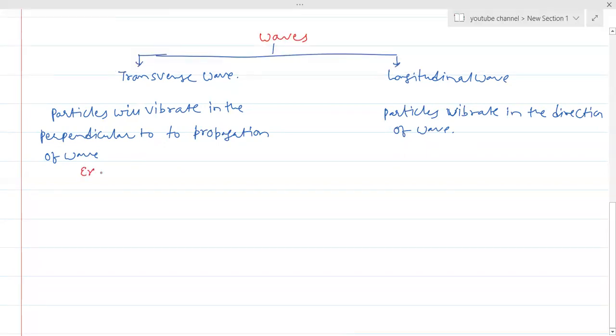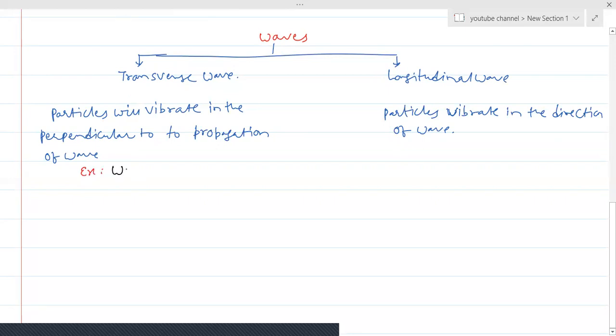For example, waves on a string are transverse, and sound waves are longitudinal.